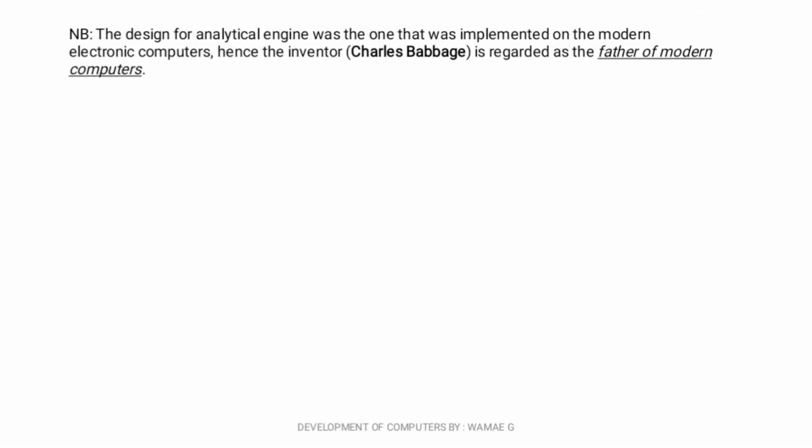Before I move to the electronic computers, it is worth noting that the design for the analytical engine was the one that was implemented on the modern electronic computers. Therefore, the inventor Charles Babbage is regarded as the father of modern computers.